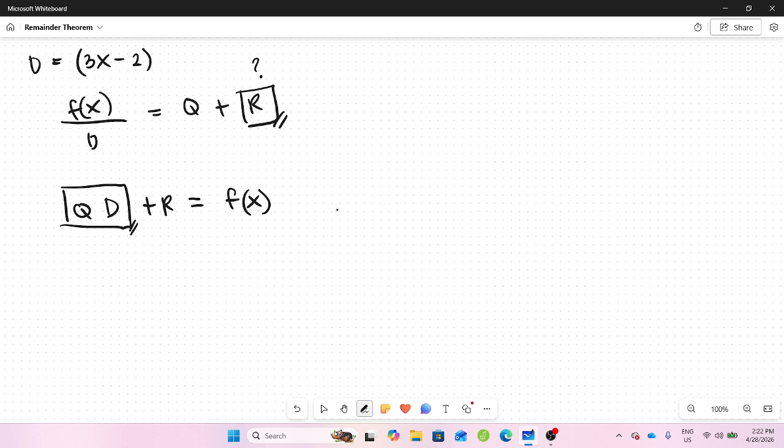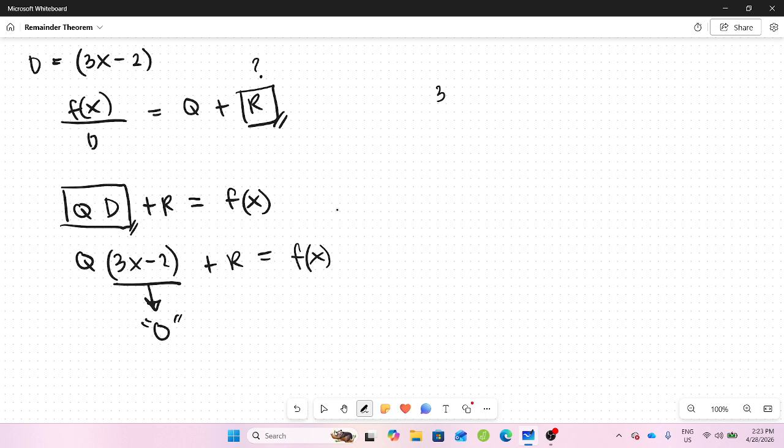Now, if you could see, the only way for this one to be 0, focusing on the divisor, is that we want to make sure that this part ends up to 0. Okay, plus r equals f of x. So we want to make sure that the value of this becomes 0.